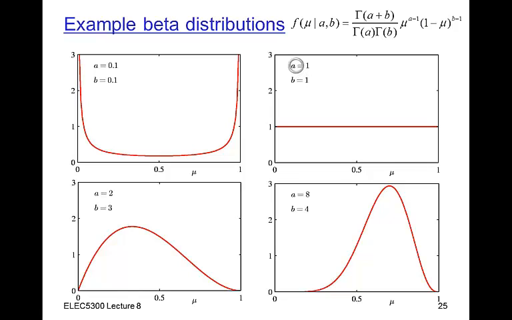Now, if I change the parameters a and b, let's say a is equal to 2 and b is equal to 3, then you can see I get this kind of humped thing here. So a is equal to 2, I get mu to the 1, which gives me a linear slope down here. And I get 1 minus mu squared. So 1 minus mu is going to be 0 at mu is equal to 1, and 1 minus mu squared is going to be like a parabola, so I get a little quadratic down here.